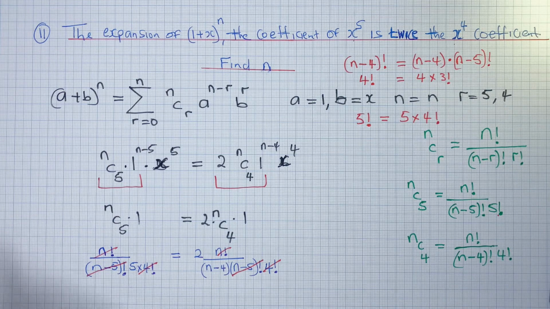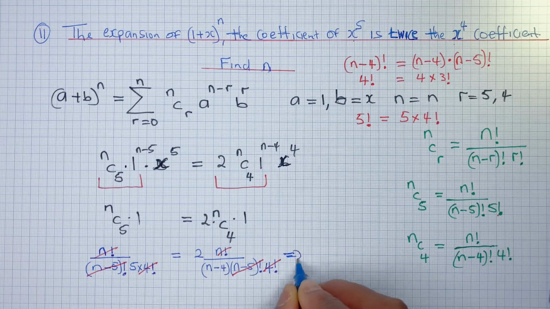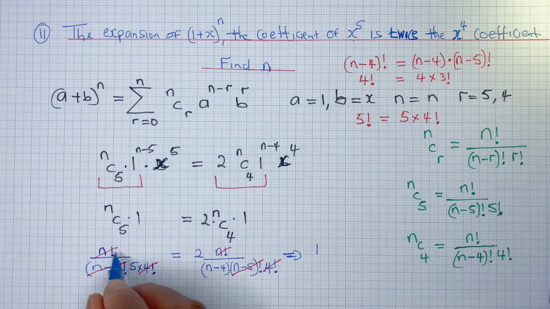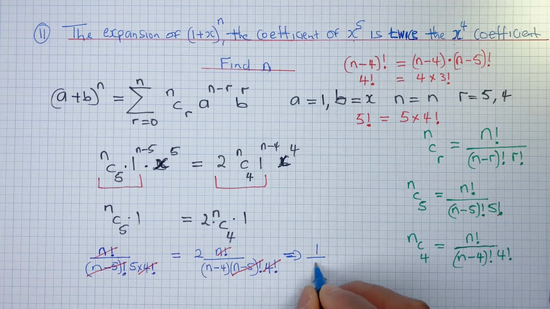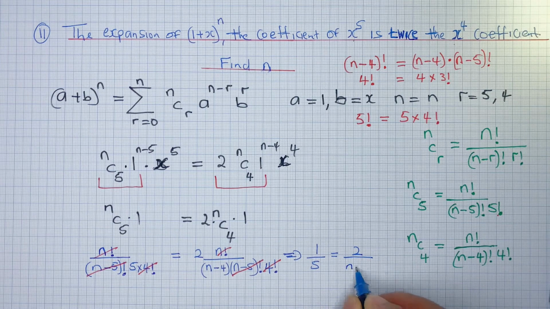So what do I have left? That implies that I've got 1 over 5 equals 2 over n minus 4.